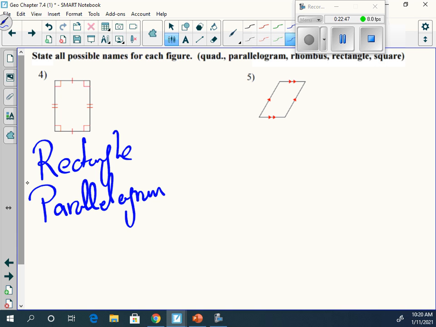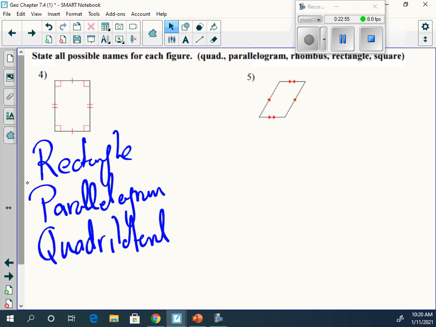And it's also a quadrilateral. It has 4 sides. So a lot of these figures, as long as they have 4 sides, it will be a quadrilateral. It's just going from there to determine if it's a parallelogram, rectangle, square, or rhombus.